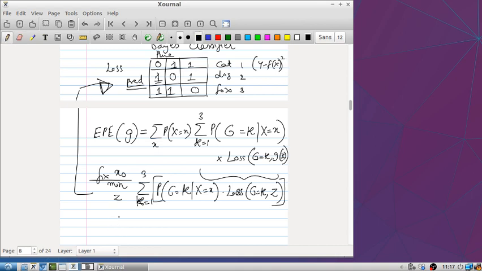G was a symbol for any function, any classifier. So that function is called max over, I'm not going to give a name for it. There's a name in the notes, but little k equal to 1 to capital K, the k classes, 3 classes for example, of the probability that g is equal to little k, given X is equal to x. Okay.